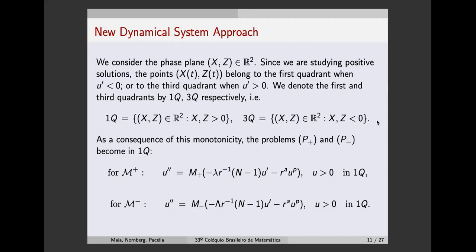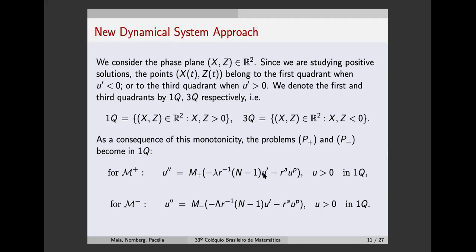They are given here. As a consequence of this monotonicity, we have that for problems Pucci plus and Pucci minus, the radial setting for Pucci plus is given by this expression. Why?